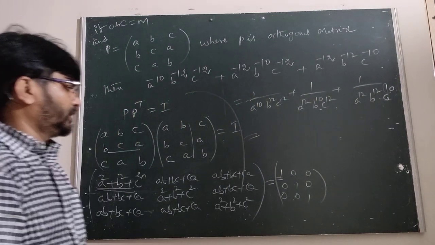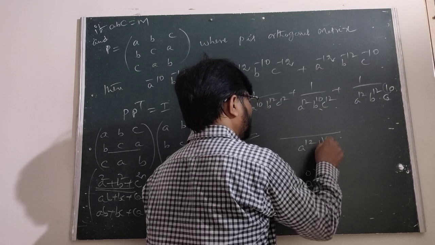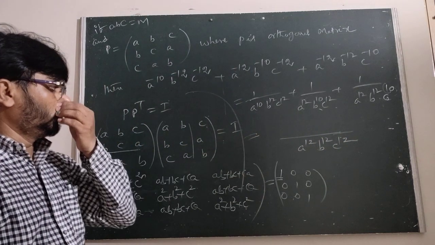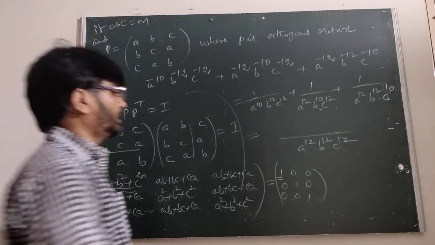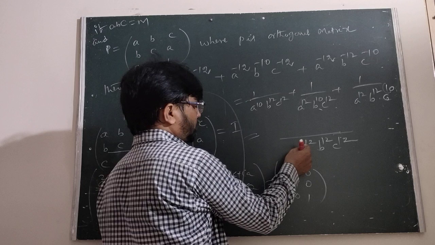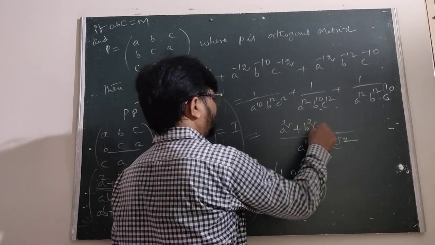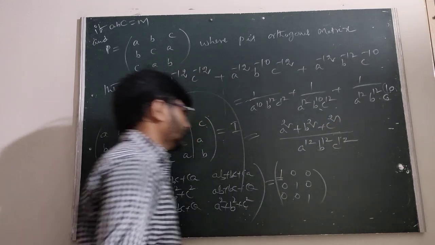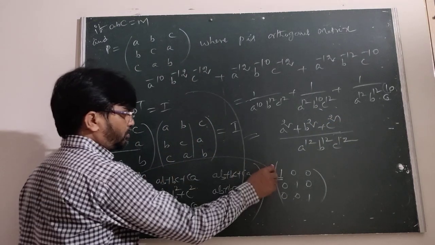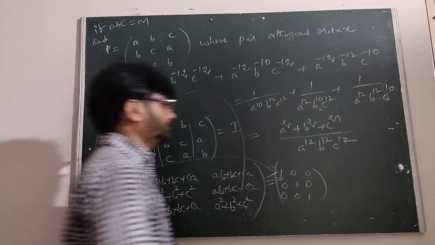So now we take the LCM as a power 12, b power 12, c power 12. Now these are cancelled. A power 12 by a power 10 is a square. Now this is b square, this is c square. Equating the corresponding elements, the value of a square plus b square plus c square is 1.